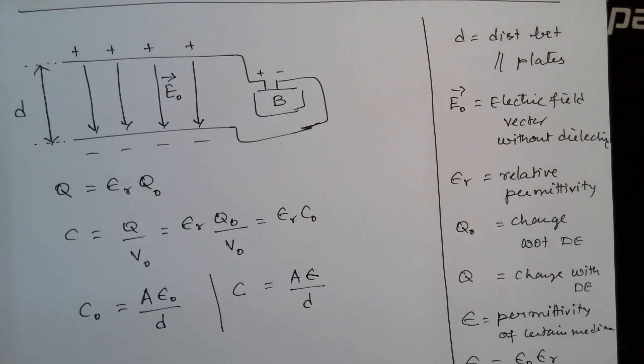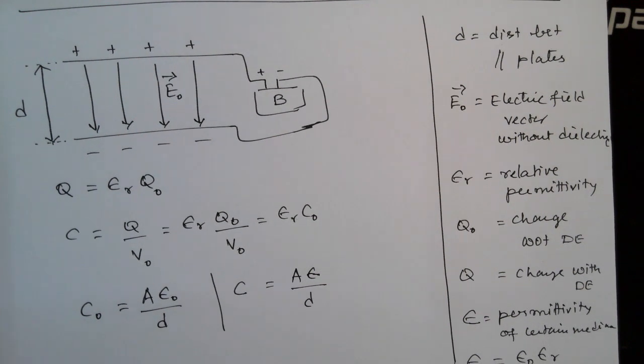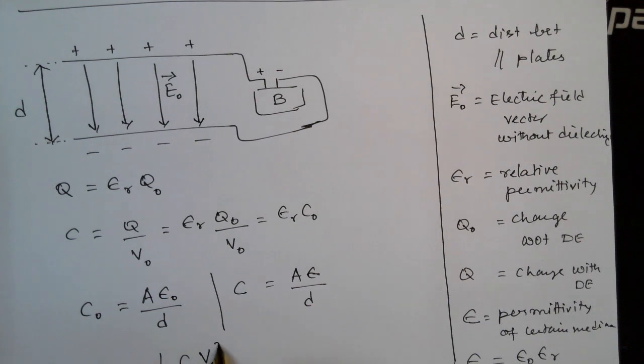Now we already discussed the energy that is given by U naught, that is without dielectric. Potential energy without dielectric is given by 1 by 2 into C naught into V naught squared, is it not? So this is a very important equation.